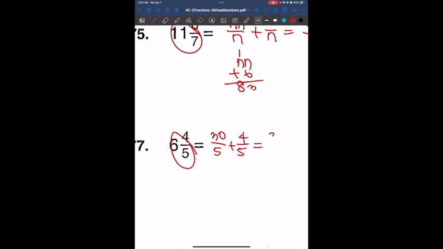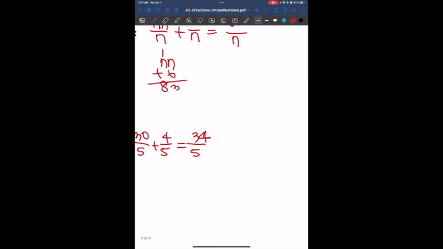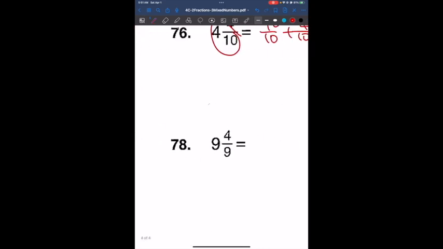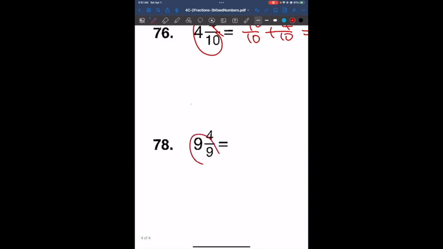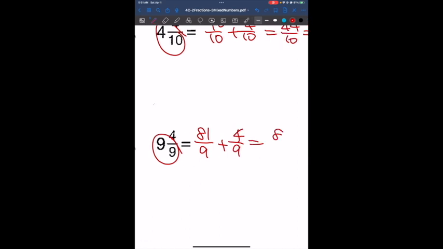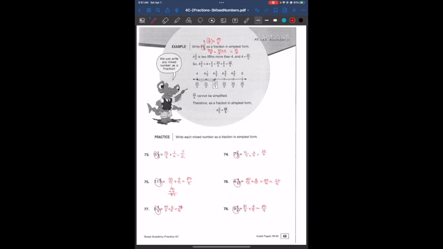That gives us 34/5, and we can't simplify this any further. Now our final question is multiply 9 times 9, so 81/9 plus 4/9, and that's going to give us 85/9. And that was the end of our lesson today.